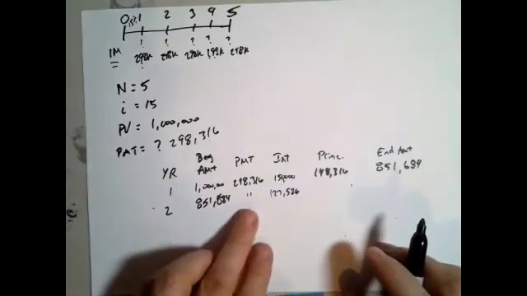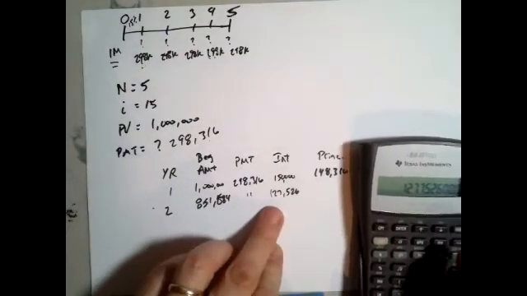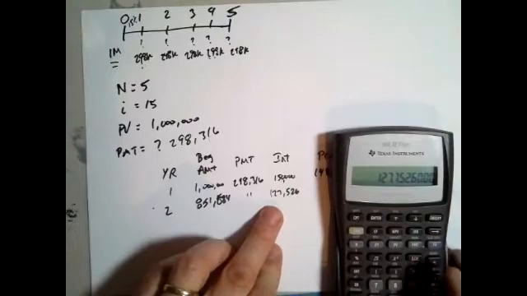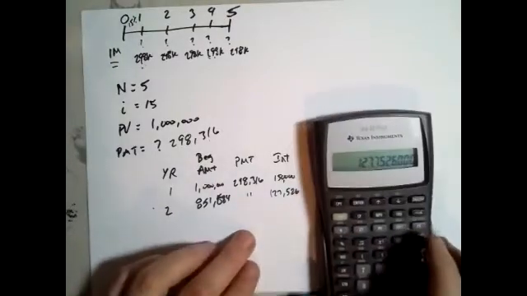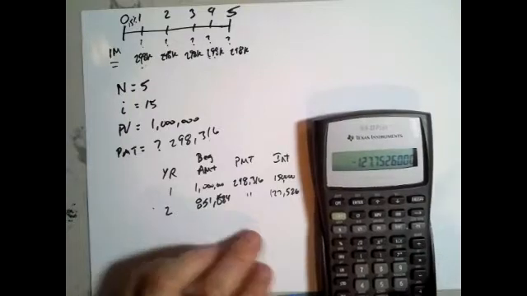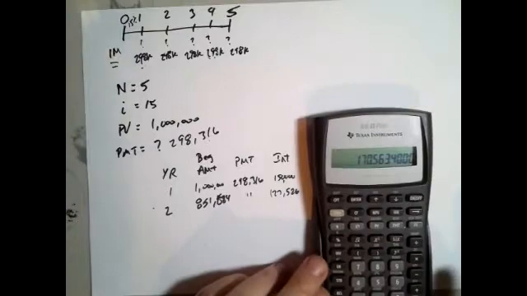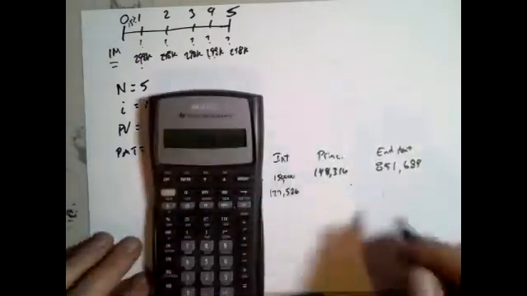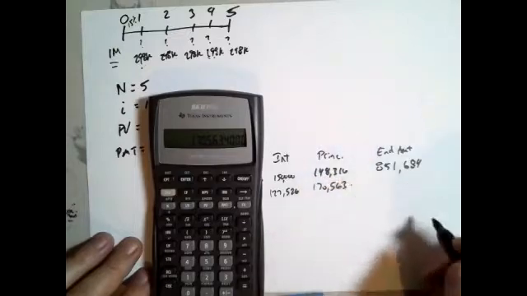Okay, so we have a payment of 298,316. Of that, 127,526 is interest. So whatever's left over is the principal. So make that negative, add it to 298,316, and it turns out the principal payment this time is 170,563. Right?